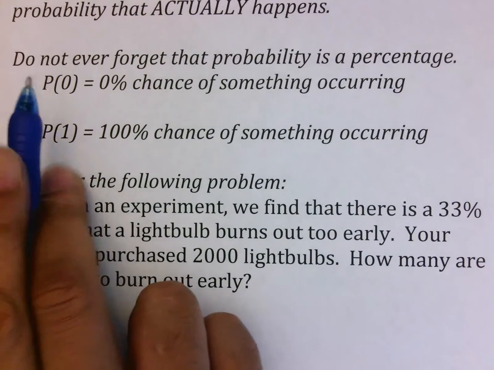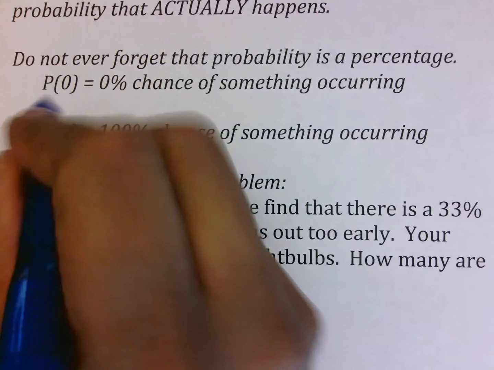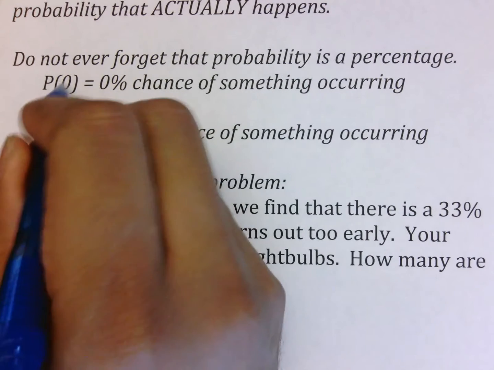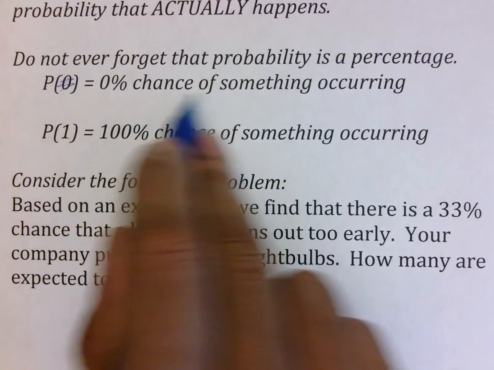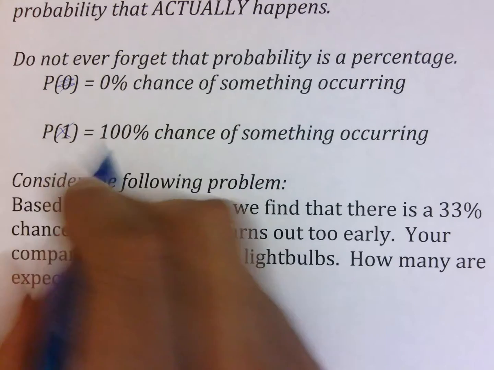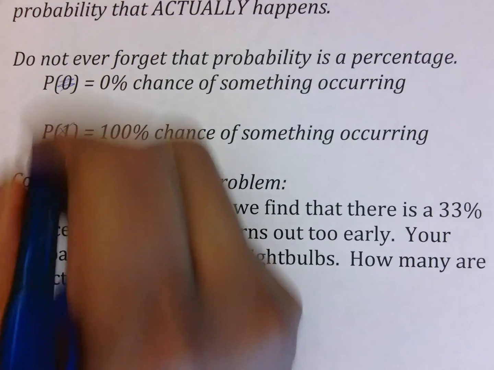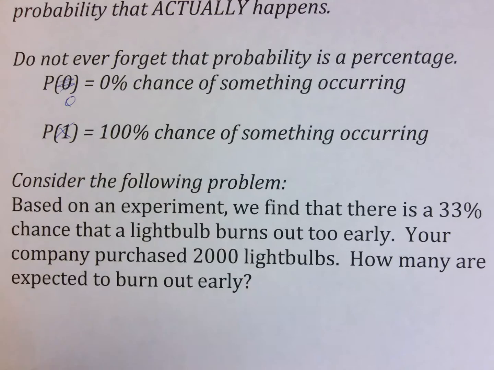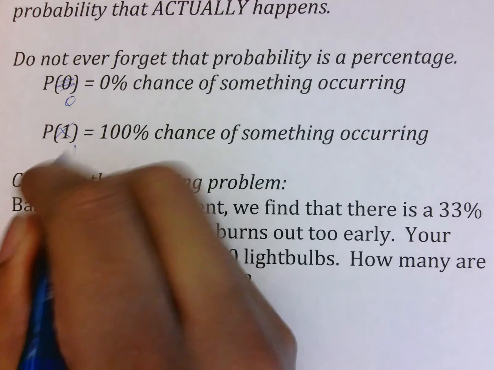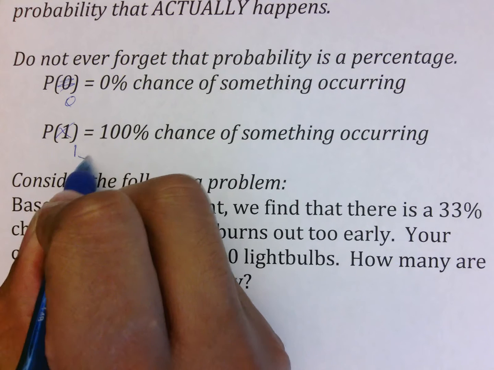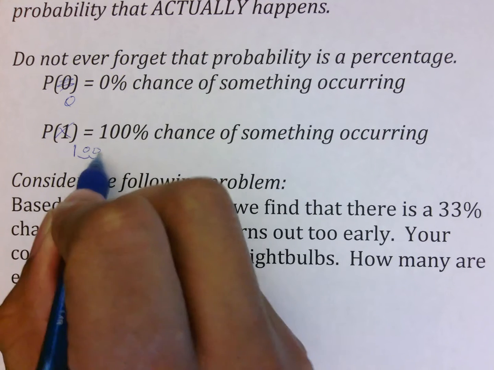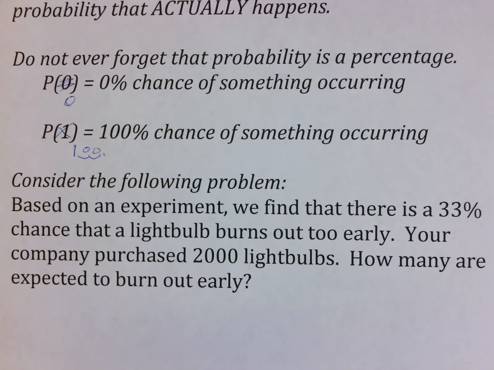Don't forget also that probability is a percentage. A probability of 0 means that there is a 0% chance of something occurring. If your probability is 1, that means it's a 100% chance, because remember, if you turn 1 into a percentage, you add the zeros, giving yourself 100%.